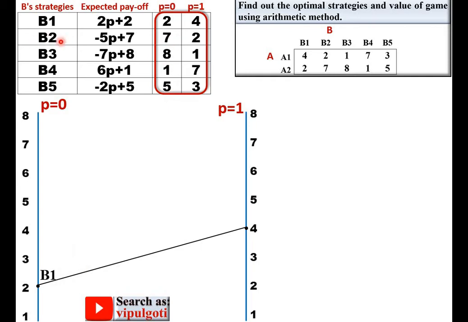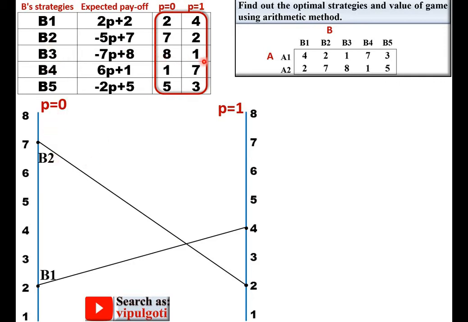Similarly, the second strategy of player B, that means the B2 strategy. Here 7 on P is equal to 0, so locate 7 here, then 2 on P is equal to 1, so it is here. Join these two points and that represents the B2 strategy.